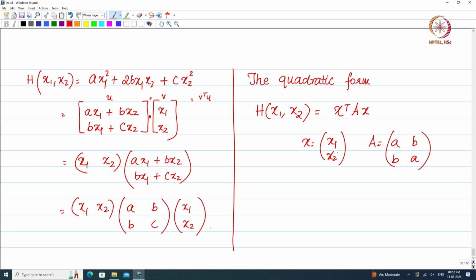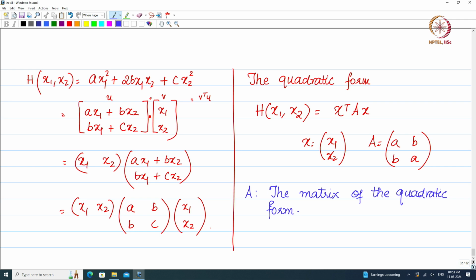We again see the symmetric matrix coming into the picture here. So, the matrix A is called the matrix of the quadratic form. Right. This is called the matrix of the quadratic form.